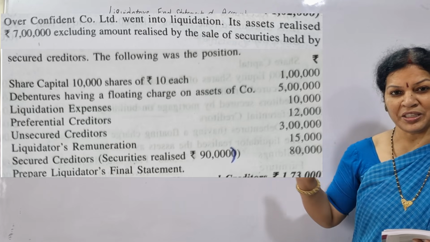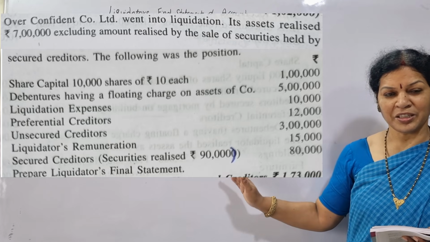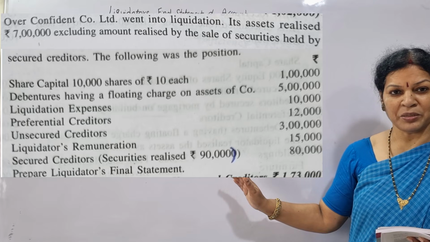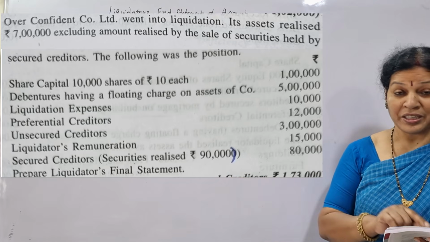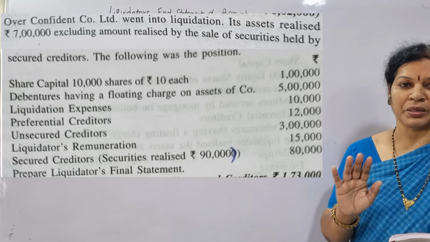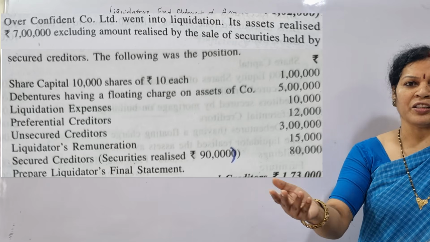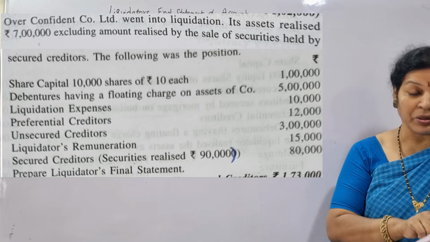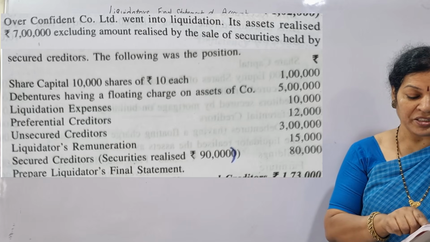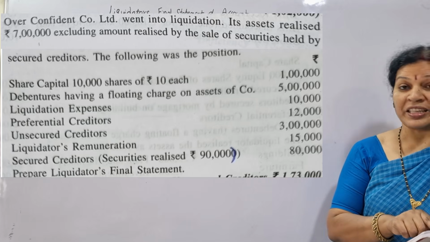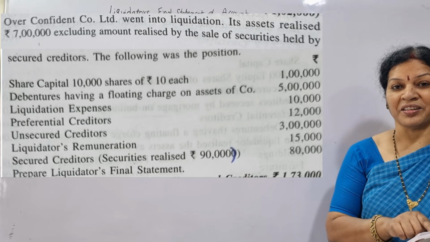Secured creditors: do we take them inside this liquidator's statement? No. Secured creditors we never take, because secured means we need not pay; it will be paid as per the securities given to them. But remember this point. Secured creditors are 80,000. Securities realized 90,000.